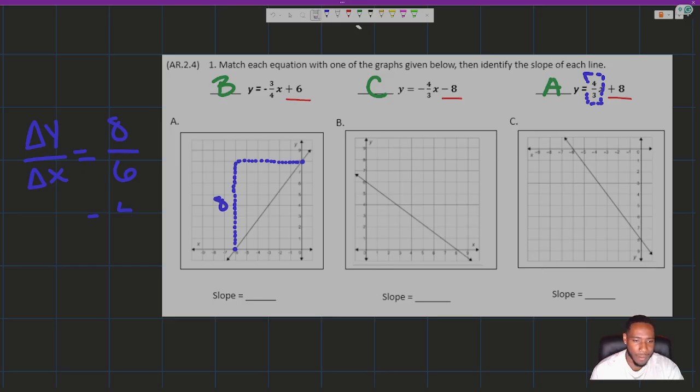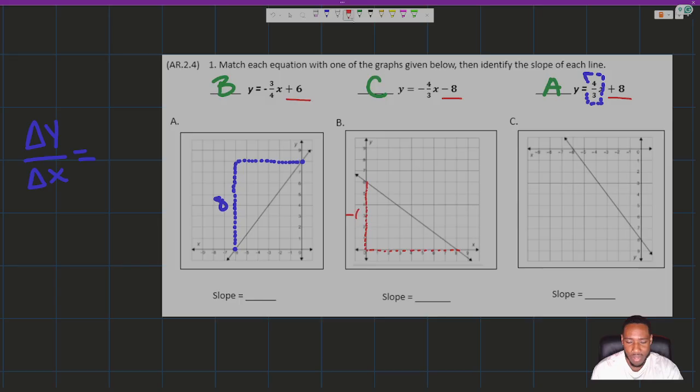If I were to do that again, let's say for a negative graph this time, we look at this one, B, where we have our y-intercept there at 6 and our x-intercept there at 8. The change in y there is going to be down 6, and then to the right 8.